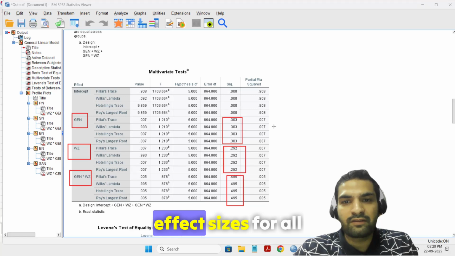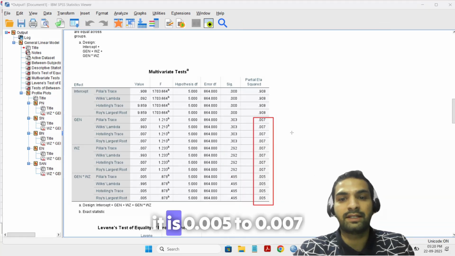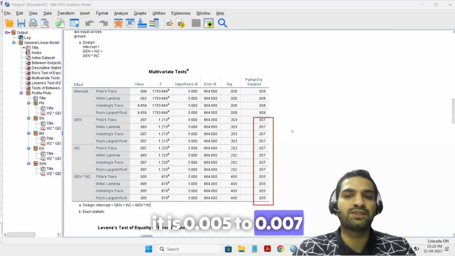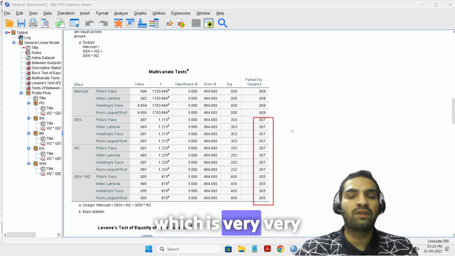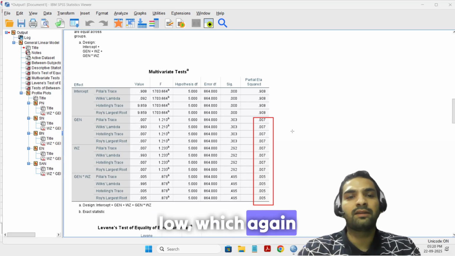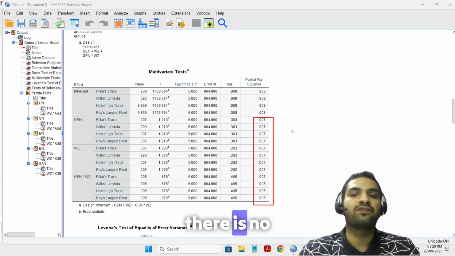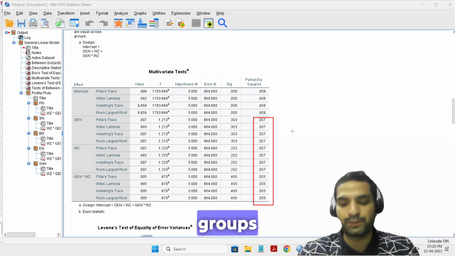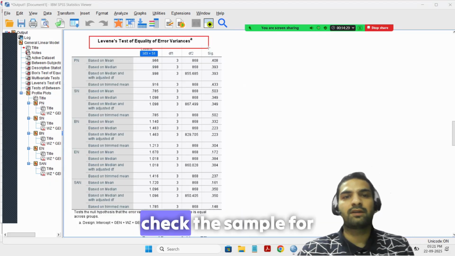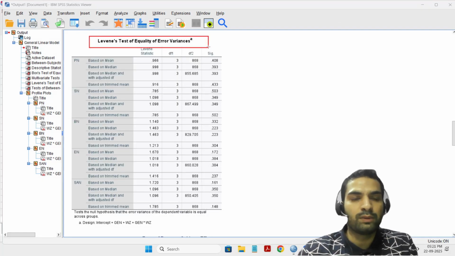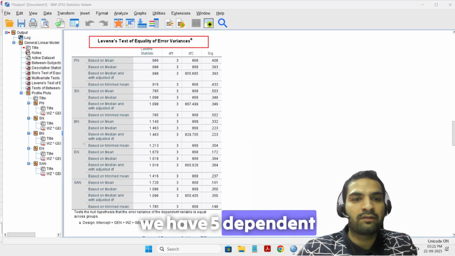If we look at the effect sizes for all these three, they are 0.005 to 0.007, which is very, very low, which again strengthens our conclusion that there is no significant difference between groups. Now, if we check each group, we have five dependent variables here.